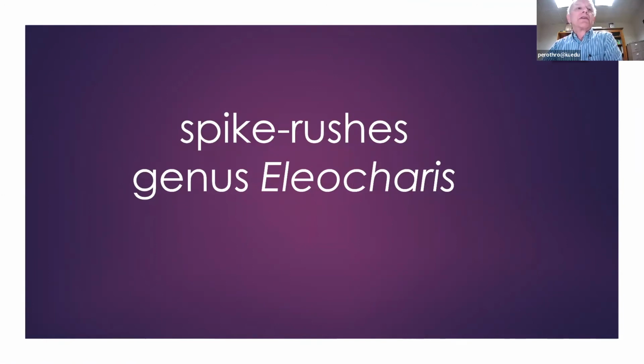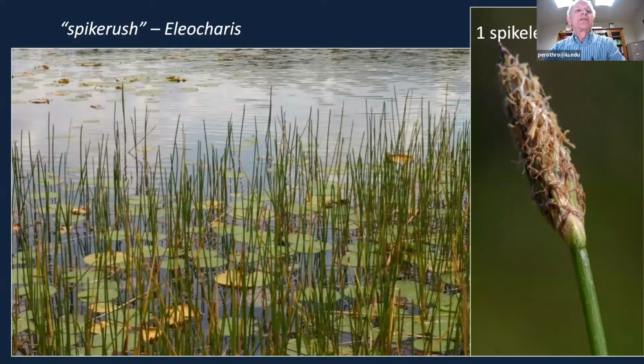The third clan in our sedge family is a most peculiar one indeed, perhaps the runt of the family. The spike rushes have taken the reduction of plant parts to an extreme. As you might tell from this colony of spike rush along this lake margin, there are no leaf blades at all. Furthermore, the inflorescence is merely a single spike at the tip of the stem.